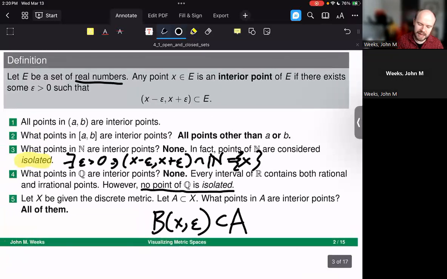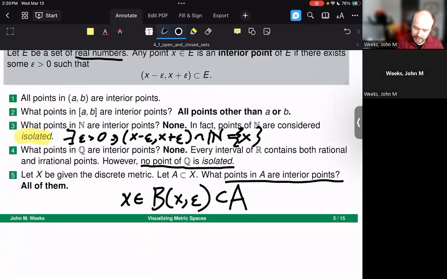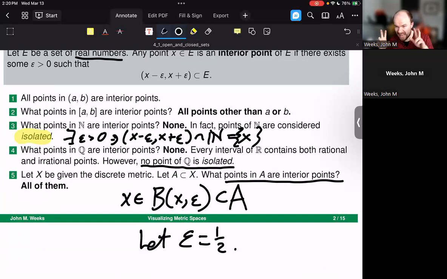What points in A that we could be choosing from, x being an element in A, are interior points? All of them. Let epsilon equal 1/2. And we once again see that the lack of continuity in the jump from 0 to 1 in the distance means that, kind of like with the natural numbers, you can find an epsilon value so that the ball at that point of radius epsilon is just that point.